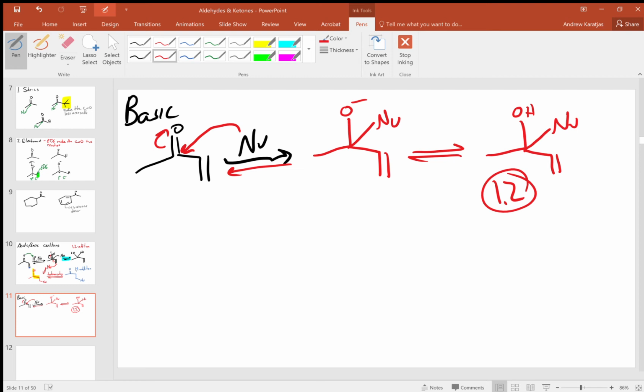But we can also get 1,4 addition. 1,4 addition happens through the nucleophile adding at the alkene. Electrons get pushed all the way up onto the oxygen.